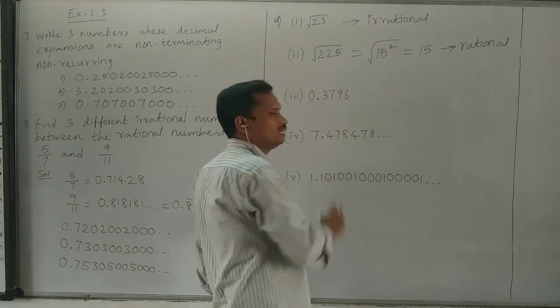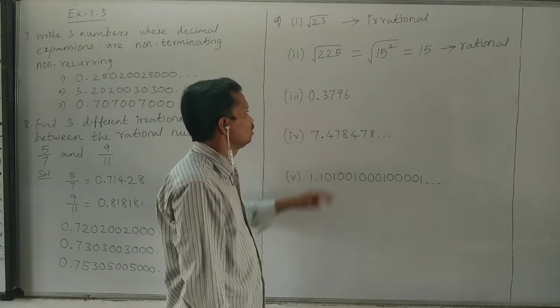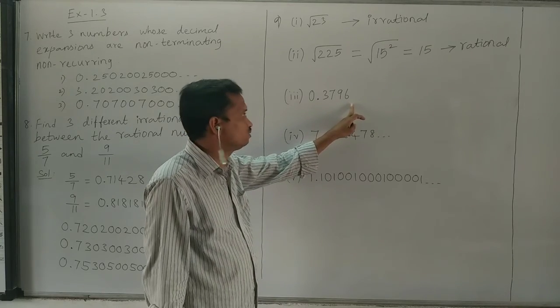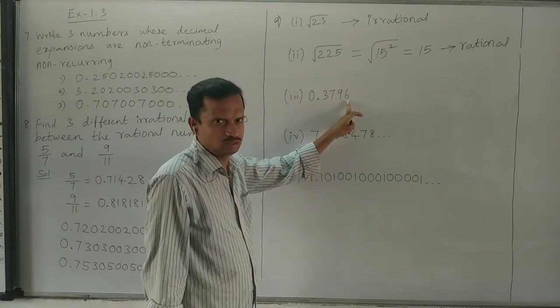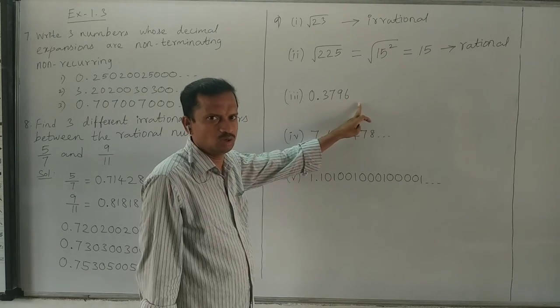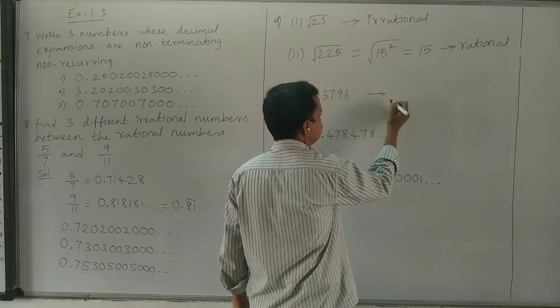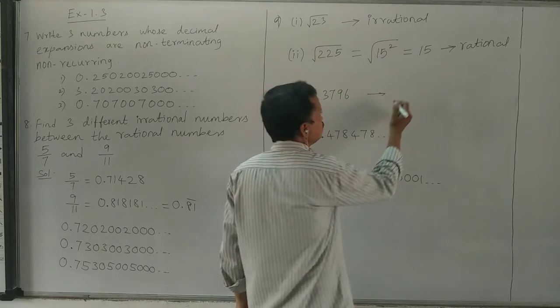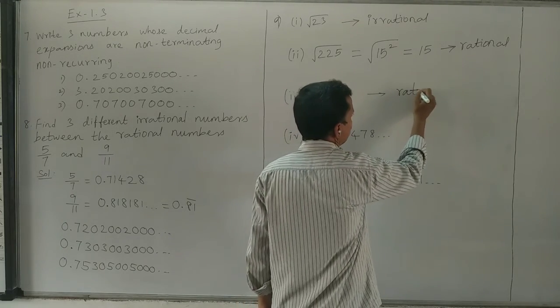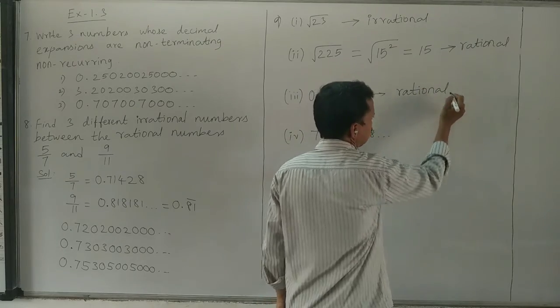And 0.3796. So it is terminating. After this digit 6, there is no other digit coming. So the decimal expansion which terminates is rational. Is it clear?